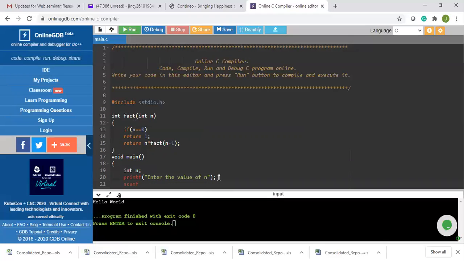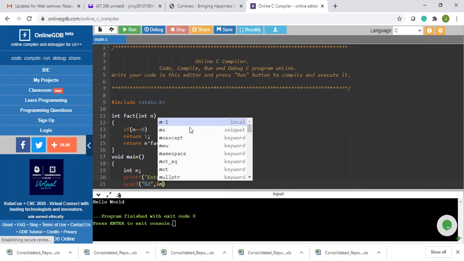So scanf, we are going to take the data as an integer: percentage d, ampersand n.